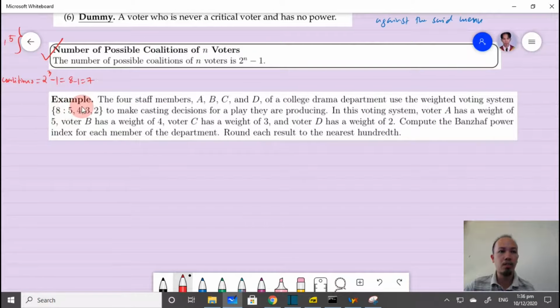So the quota is correct. But again, don't forget, if the quota is already given, do not change it.